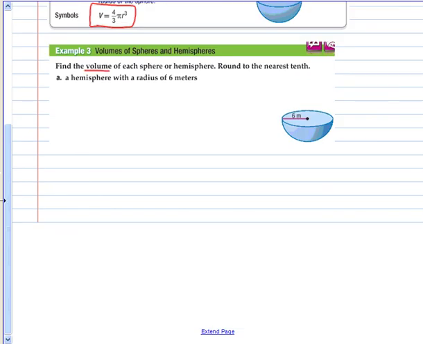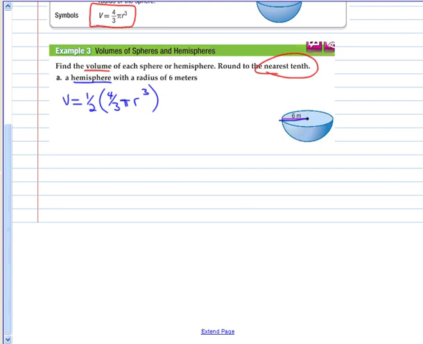Find the volume of each sphere or hemisphere, and they want us to round to the nearest tenth like we have been doing earlier. So part A, a hemisphere with a radius of 6 meters. Well, no problem. Volume of a sphere is 4/3 times pi times the radius cubed. Since we have a hemisphere, we have half of that.